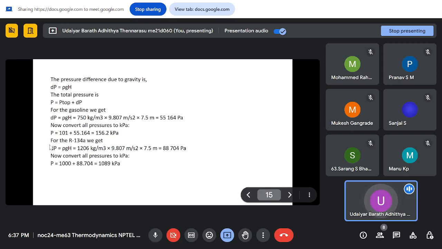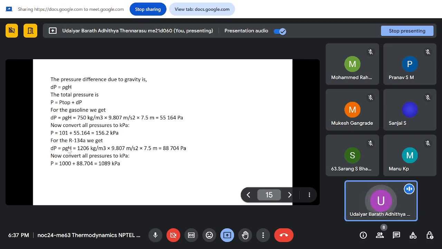And the second one is for R134A. A similar approach: you can calculate the pressure difference by rho gh. Rho gh is nothing but the pressure exerted by the weight of the fluid above.